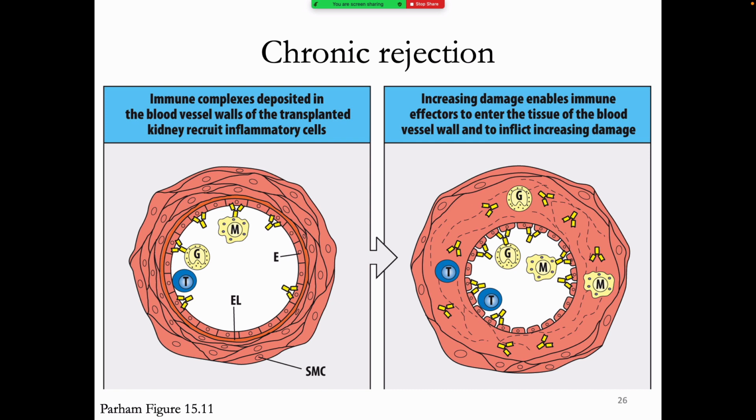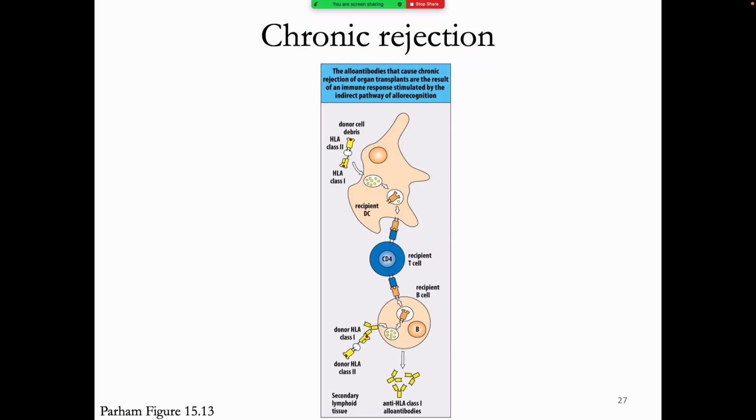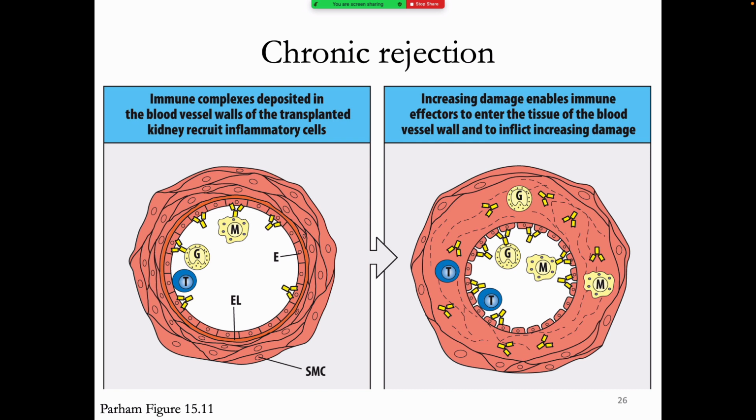We're going to have antibodies binding to the vasculature, and then we're going to get some tissue damage. We also are likely going to get some immune complexes that are going to occlude the vessel. We're going to get vessel damage because of those immune complexes, and then inflammation because of those immune complexes, all that kind of good stuff.